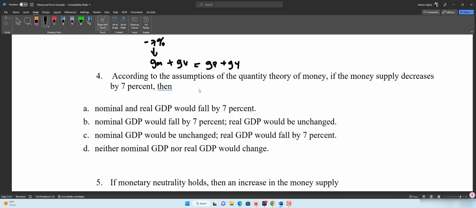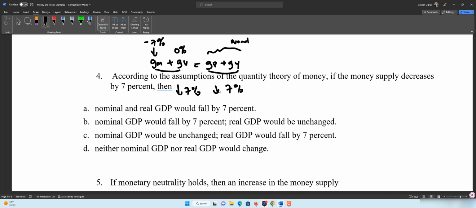Since velocity doesn't change, remember, referring to quantity theory of money, velocity is constant. Then, GP and GY together is nominal and only GY is real. So it's not correct that nominal and real GDP would fall by 7%. If this side of the equation drops by 7%, then the two together should drop 7% as well.